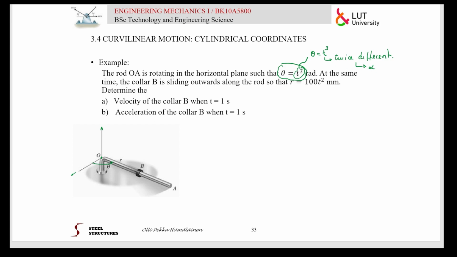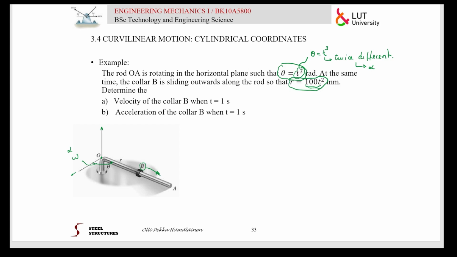Meaning that we have not only angular velocity, but we also have angular acceleration. Interesting. Now it says the collar B is sliding outwards along the rod so that R also changes with time. So this collar is moving in this direction, following the rod, following this law, let's put it that way.